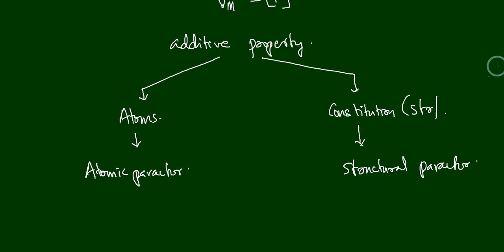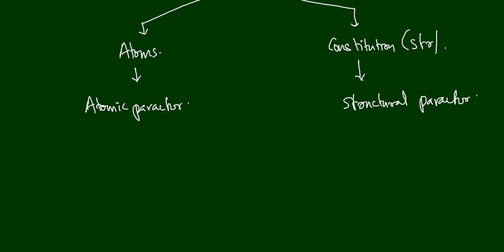Now we are going to look into the atomic parachor and structural parachor in more detail. I said that the atomic parachor is the contribution of the atoms towards the total parachor. So different atoms will have different contributions.